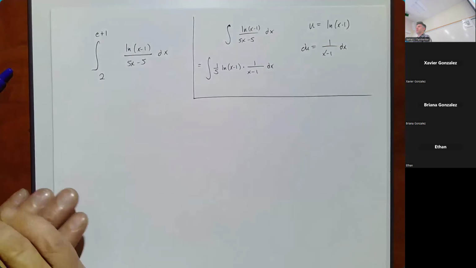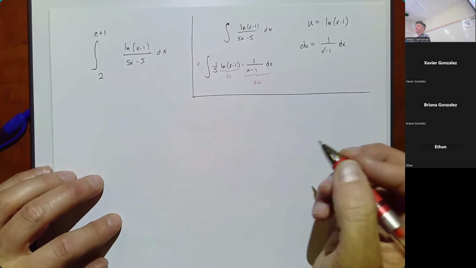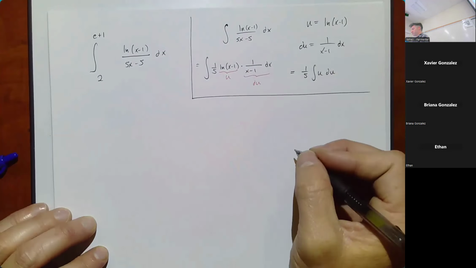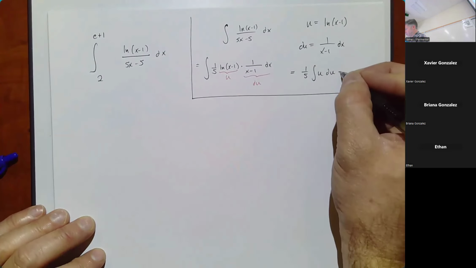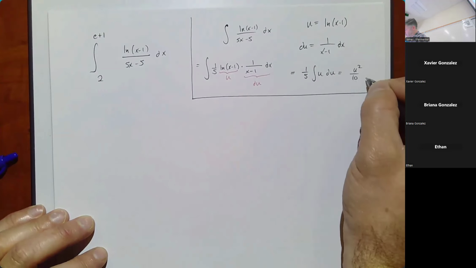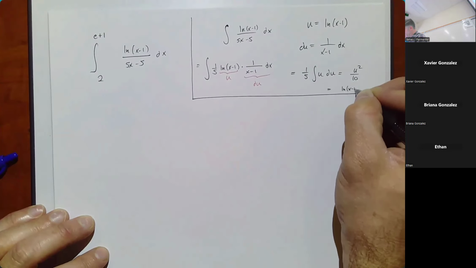So there's my du. There's my u. So really we have 1/5 the integral of u du, which is just going to be u squared over 5 times 2, which is 10, so the natural log of x minus 1 squared over 10.